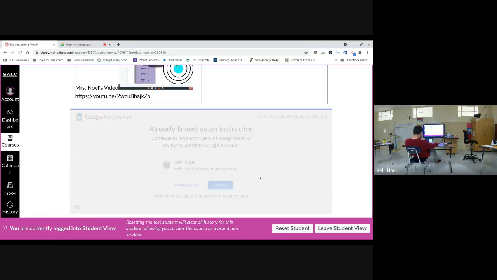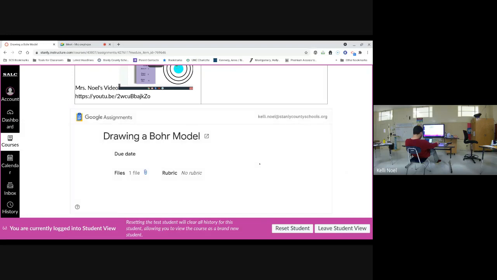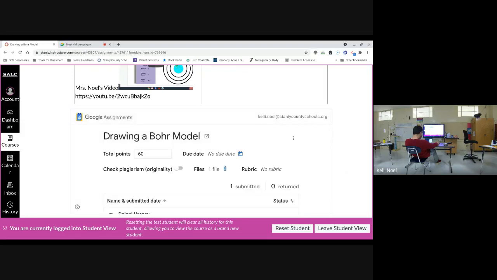Mine says continue, but yours will say link. And it'll pop another screen that you'll say link. Once it opens, it'll reload your page. And there is a blue box that says open to attach to submit.